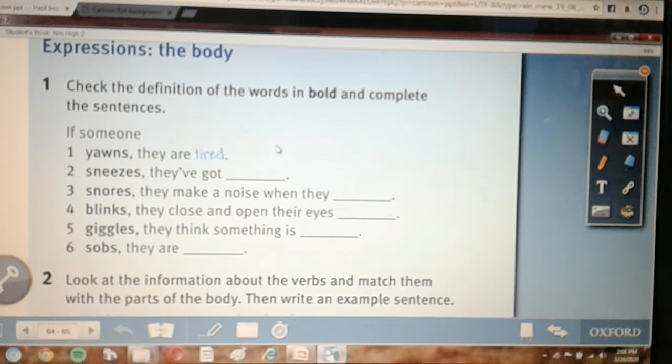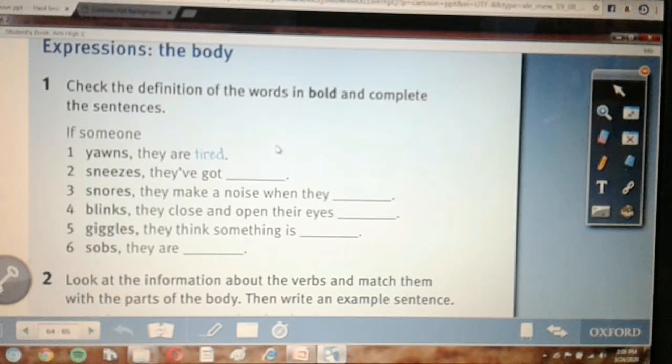If someone snores, they make a sound when they sleep. Snore is this sound. So, if someone snores, they make that sound when they sleep.